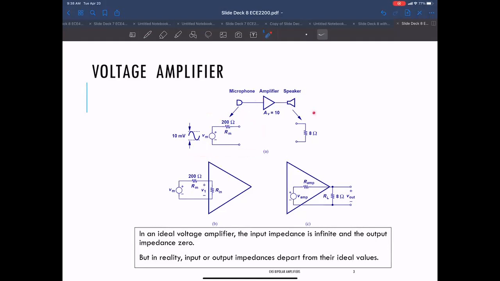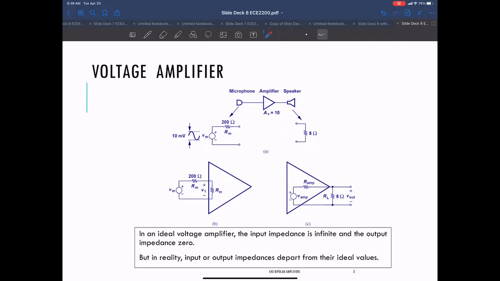And conversely, if you're driving any kind of load, typically 99.9% of the time, you would like it to have a very high resistance, because that is easier for the amplifier to drive. Sorry, I mean most of the time you'd like a high resistance, not low. So this 8 ohm is really bad news for an amplifier. It's very difficult to drive a load resistance like 8 ohms, and we'll see why.